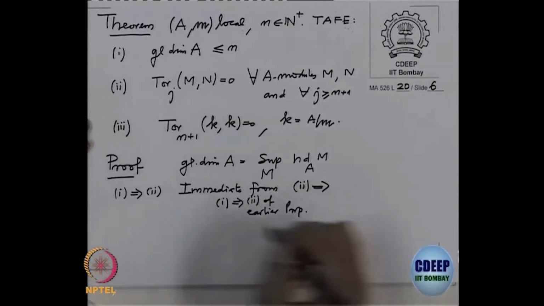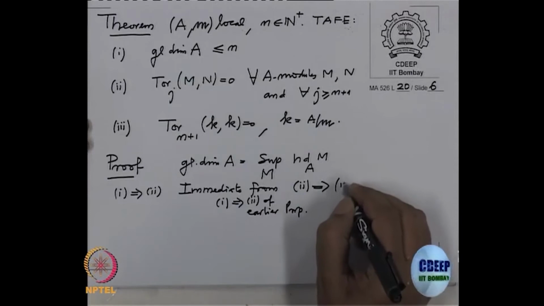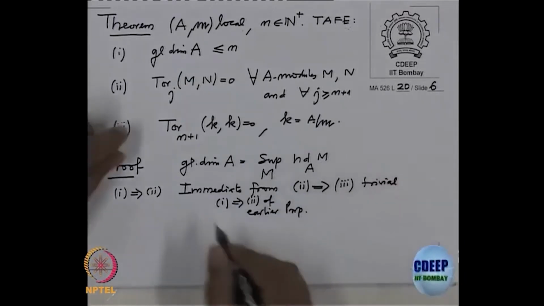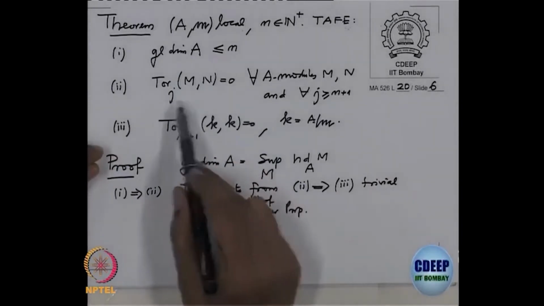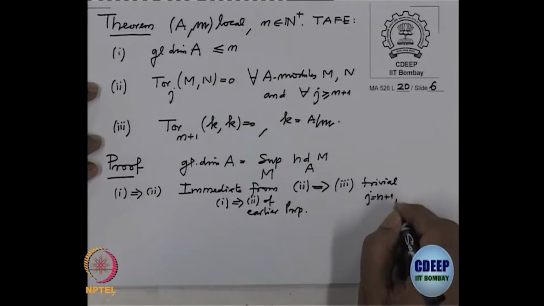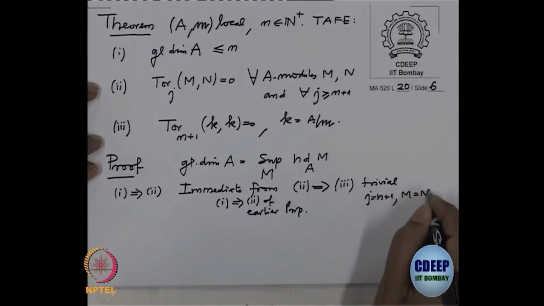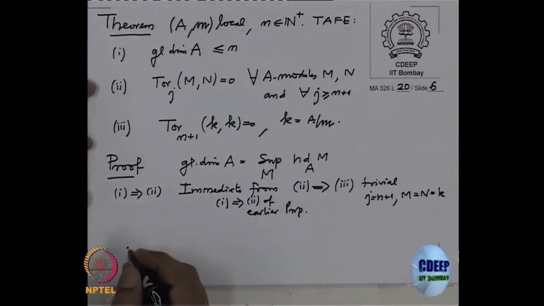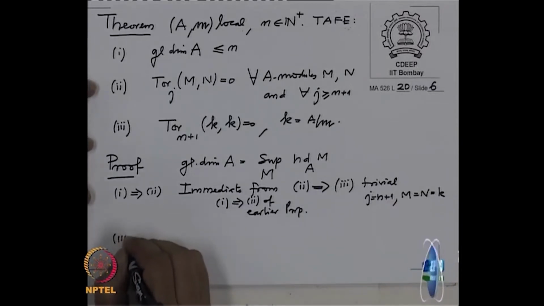That is 1 implies 2, and 2 implies 3 is trivial, because here it is j equal to n plus 1. So, take j equal to n plus 1 and the module M equal to module N equal to the residue field. So, the real proof is 3 implies 1.